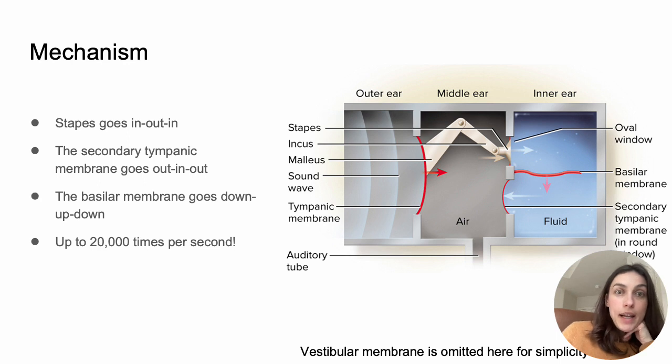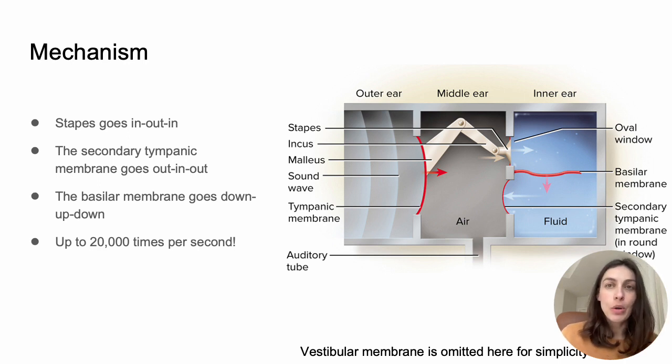And as that is happening, the basilar membrane and therefore the hair cells that are attached to it are going down, up, down. So I hope you can picture how this is happening, and mechanically it's not super complicated. What's hard to imagine is that it can happen up to 20,000 times per second.